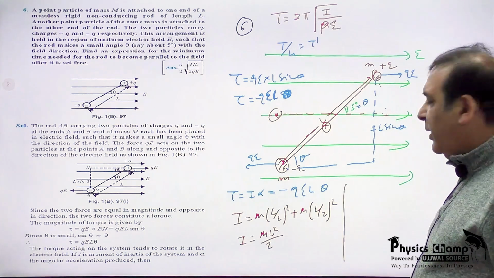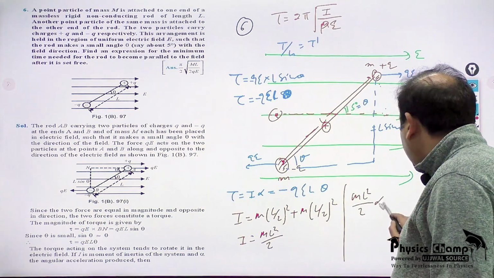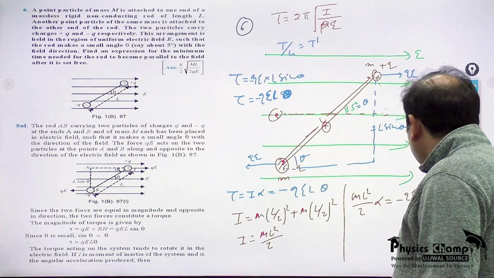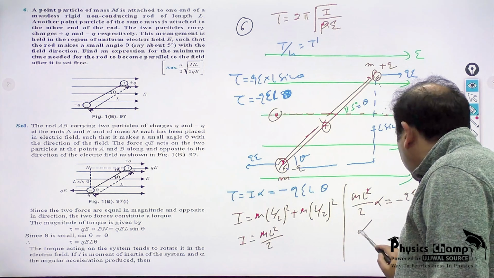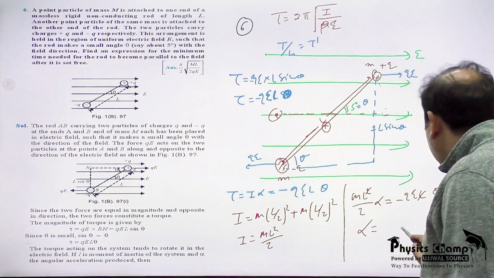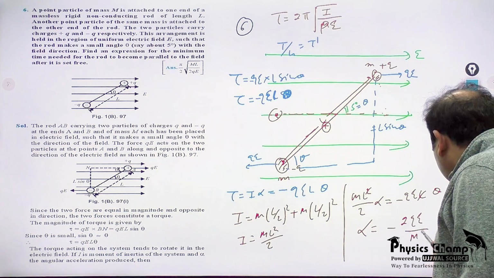So let's put all here. mL square by 2 into alpha is minus qEL theta. L gets cancelled. So angular acceleration alpha is minus 2qE by mL into theta.